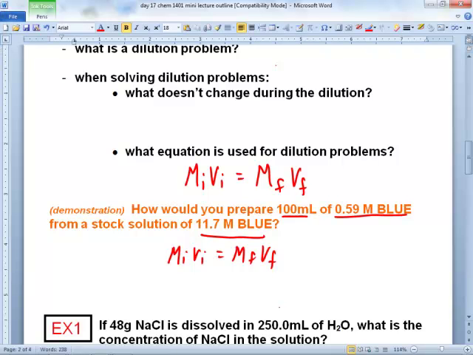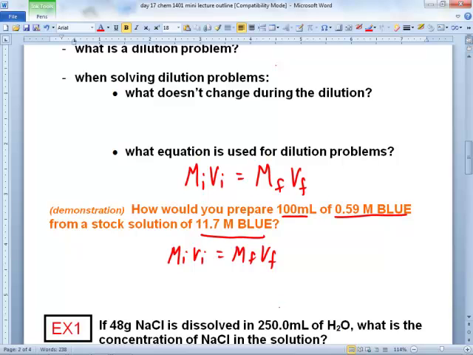Maybe before we do the algebra, the question really is, how much of this stuff do I take out of here, put in here, just drip it in, and then I add a bunch of water and fill it up to the mark, and I write 0.59 molar on it. So the question really isn't how much water I'm going to add, because I'm just going to stop adding when I get to the mark. The question is, how much of this stuff do I take?